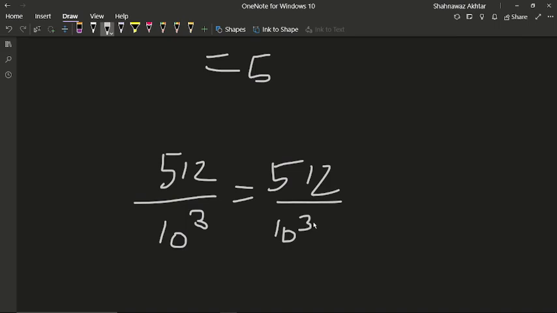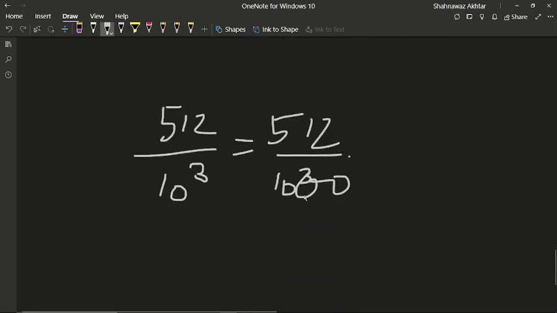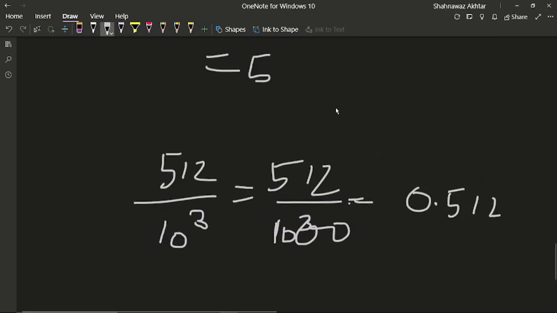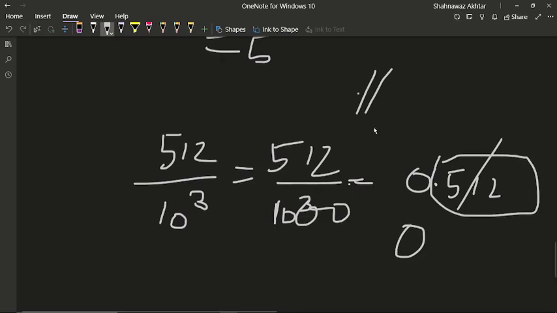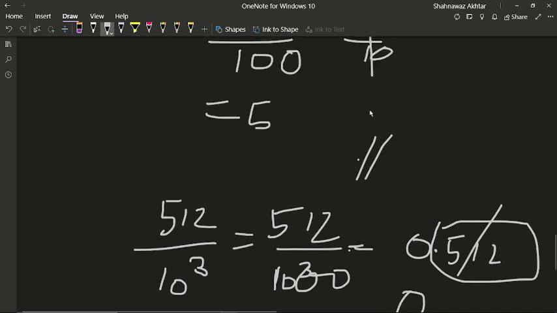It is 1000. If we divide 512 by 1000, it will give 0.512. If you are using the floor operator, it will discard this part and you will be left with only 0. So it will tell us that yes, it contains 3 digits. Yes or no?